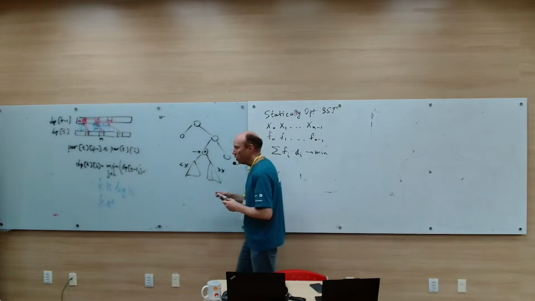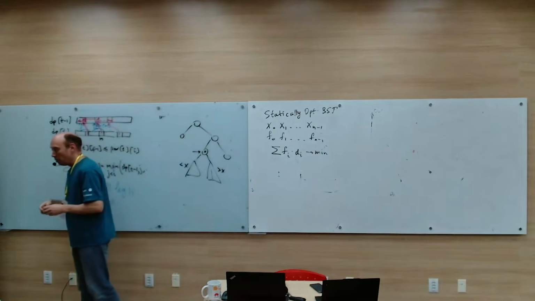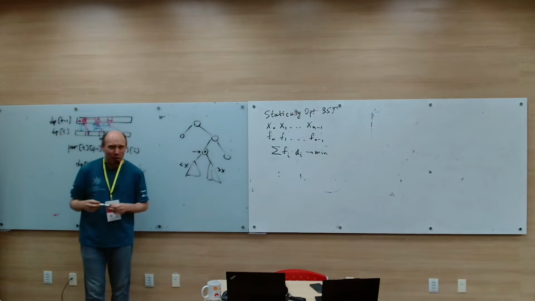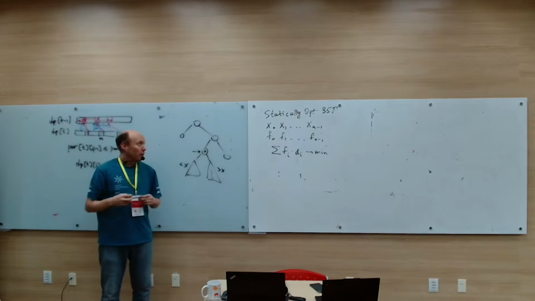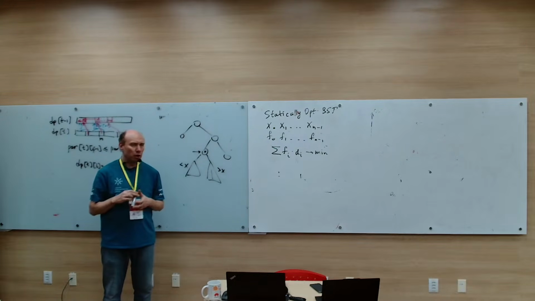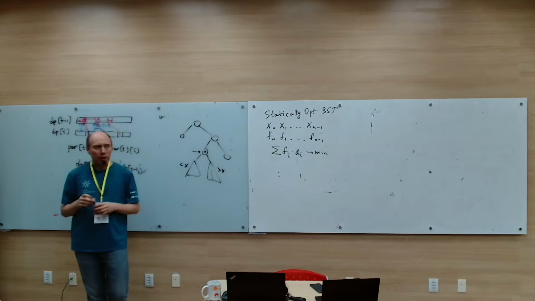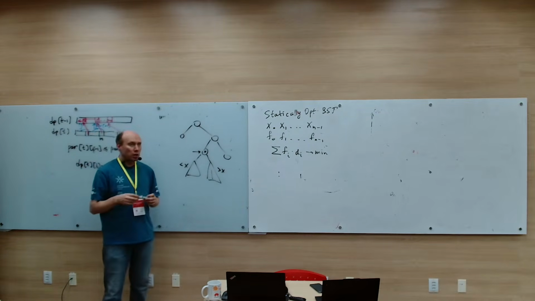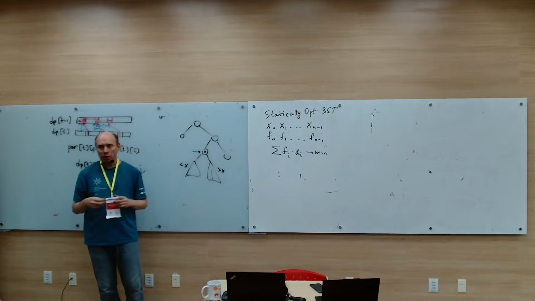If you are interested, by the way, the dynamically optimal binary search tree is a well-known problem that is not completely solved yet. There is a hypothesis that the splay tree is dynamically optimal up to a multiplicative factor, but, last time I checked, a few years ago, it was not proved.